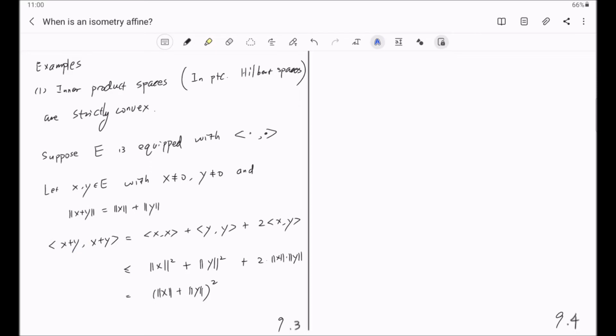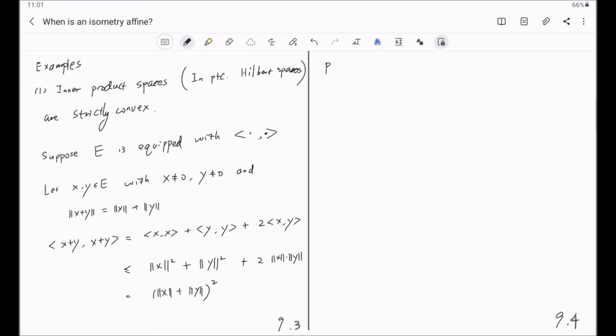But the left-hand side, by our assumption, will be equal to this guy. So this is the square of the norm of x plus y, which is the norm of x plus norm of y, squared. So those two things are equal, so this inequality is actually an equality.